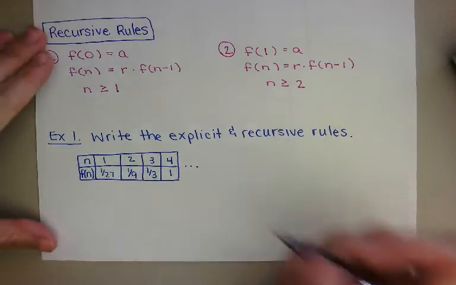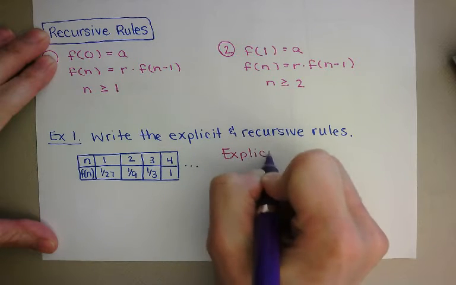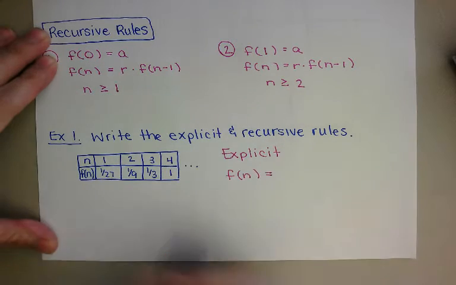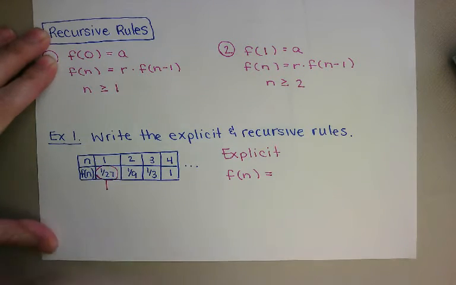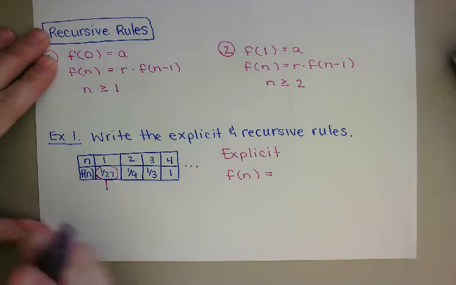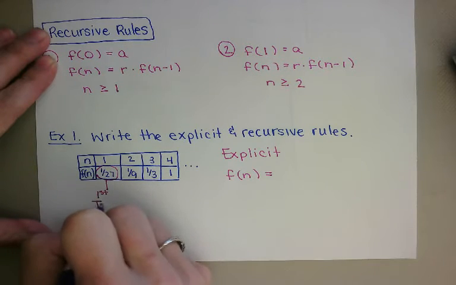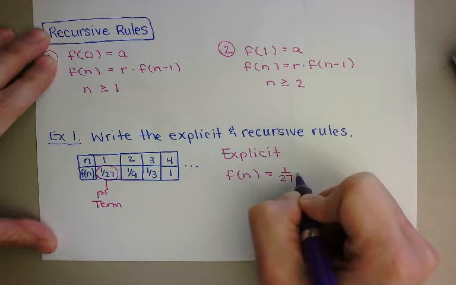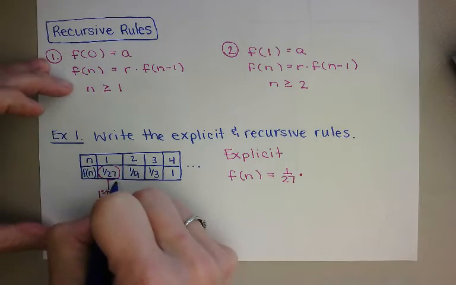So let's write our explicit rule and our recursive. So for explicit, I'm going to say f of n equals, well, the first term is 1/27. Now we're going to say times, you need to figure out what that common ratio is.